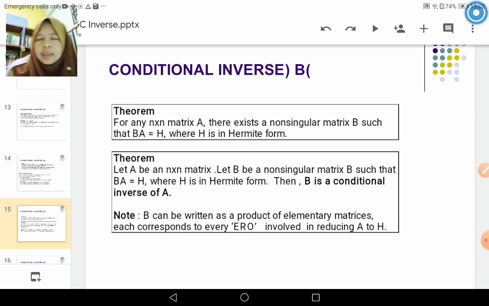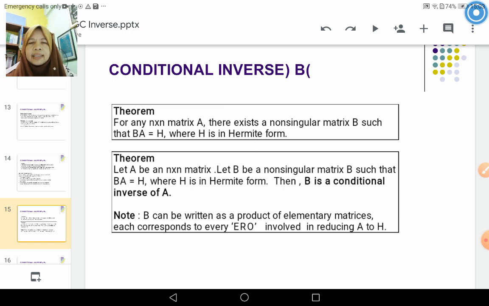So let A be an n times n matrix. Let B be a non-singular matrix such that BA equals H, where H is Hermite form.